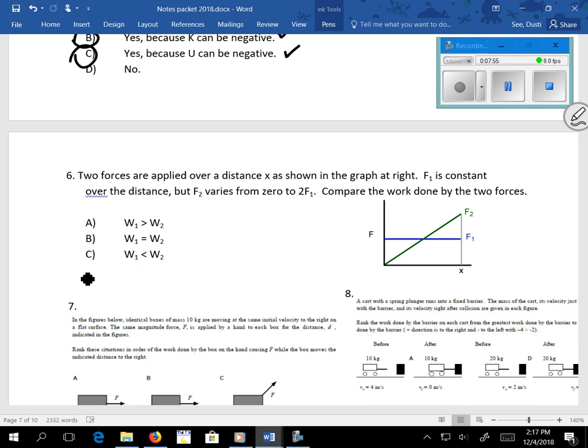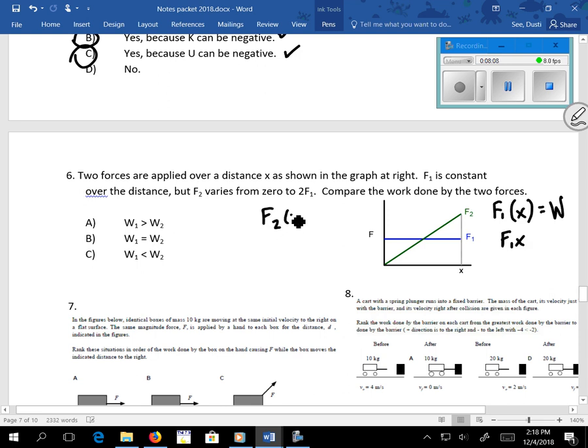So for 1, we have F1 times x, which tells me that the work is F1x. Then for F2, F2 times x, and that's a triangle, so I'm going to do 1/2. Oh, hold on, I'm just going to write underneath it: 1/2, excuse me, F2 is 2 times F1.